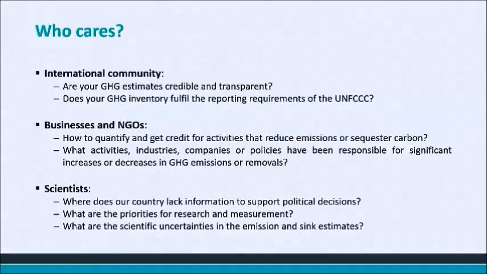So basically, why should we care about GHG estimates? If you understand, the viewership of the GHG estimates is not limited to a country's geographical profile.